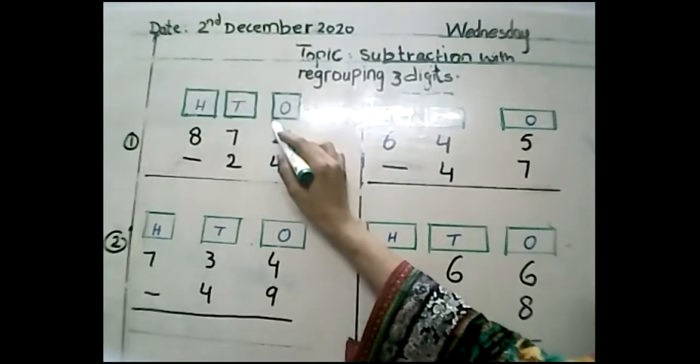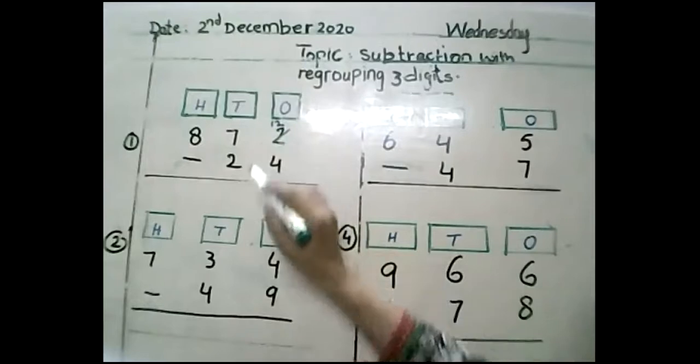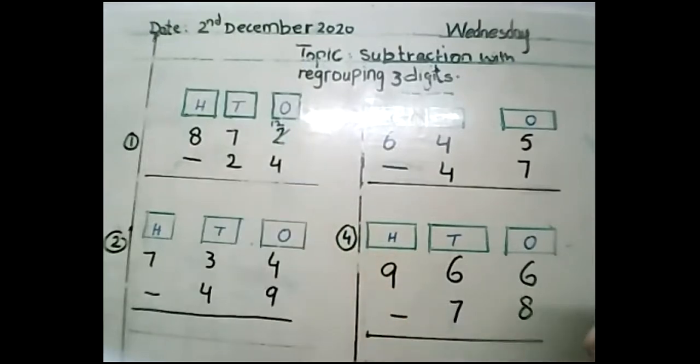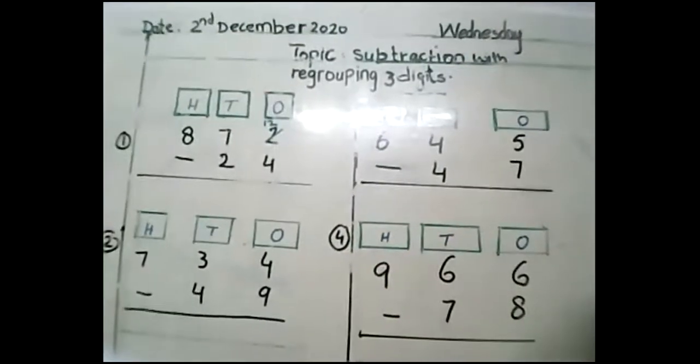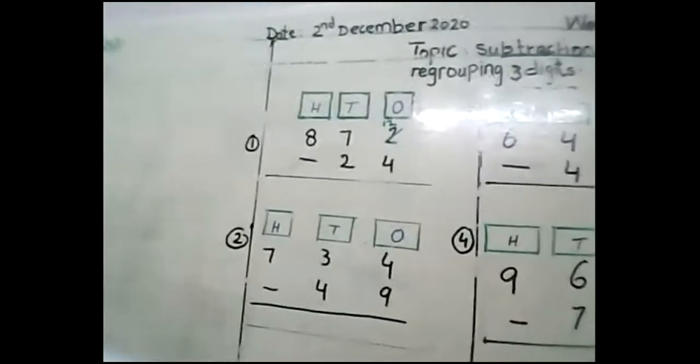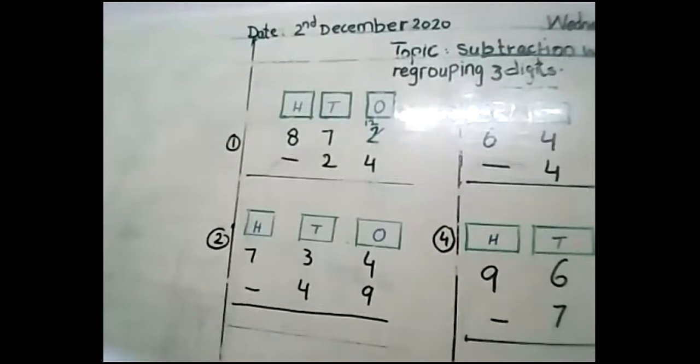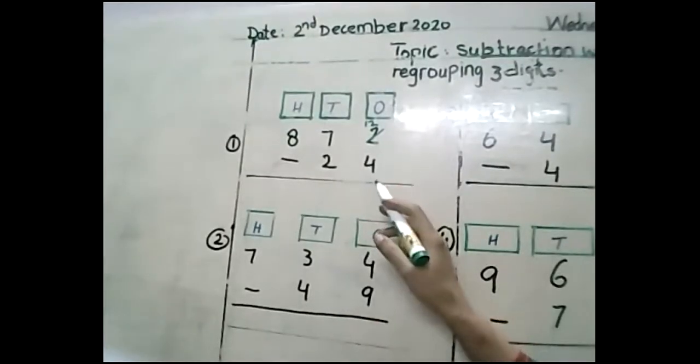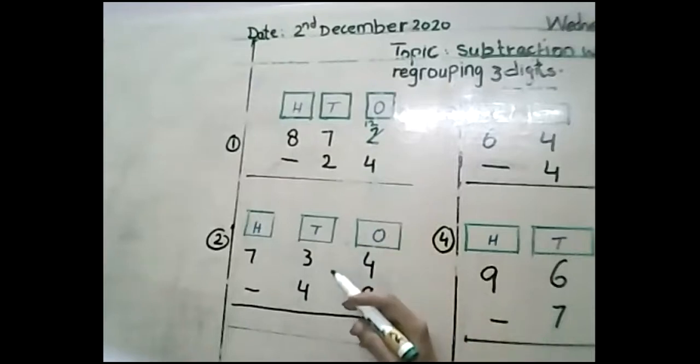It is not 2 anymore, it is 12. And we will subtract 4 from 12.